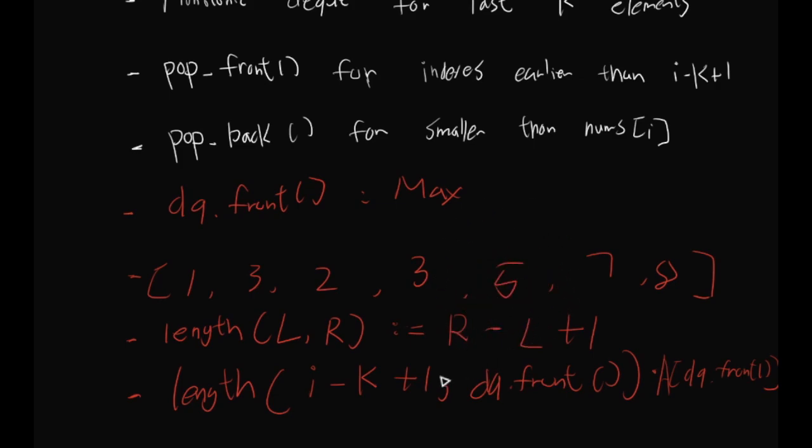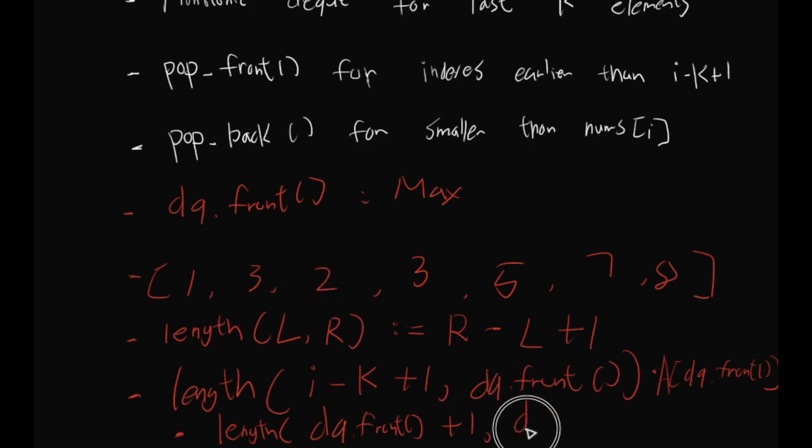But that's not the end. That's just calculating the number of times for this dq.front appearing. We also want to know the next element after dq.front. So how many times will it appear? It will start from dq.front plus 1, because after that, we can no longer consider this element.